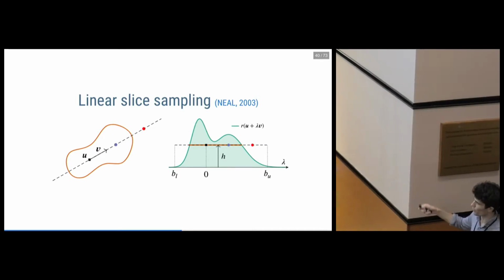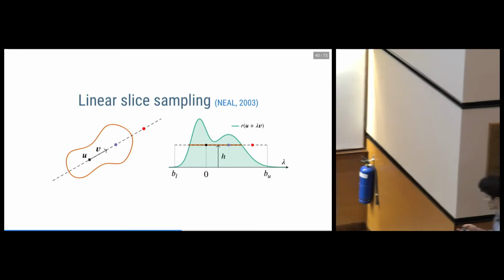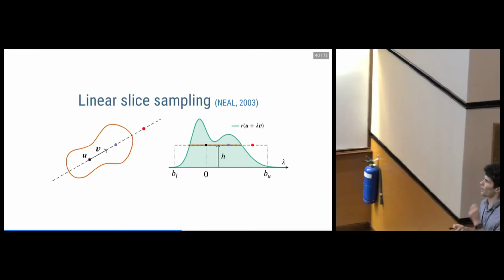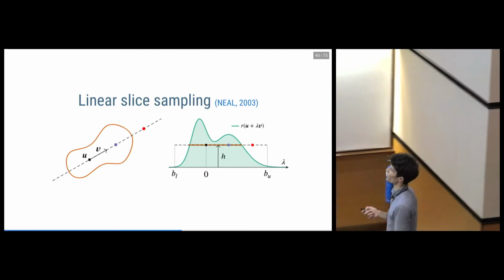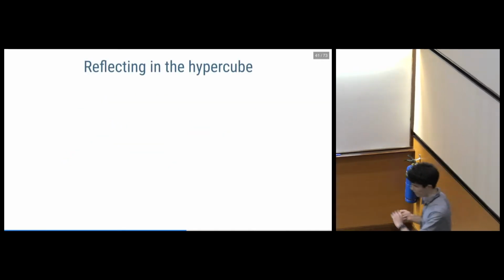So the bracket width is important to some extent, as in there are definitely extremes at which the slice sampler will become inefficient. But compared to, say, the proposal width in a simple random walk Metropolis method, it's a much less key parameter, and it tends in practice to be quite robust to the choice of these values.